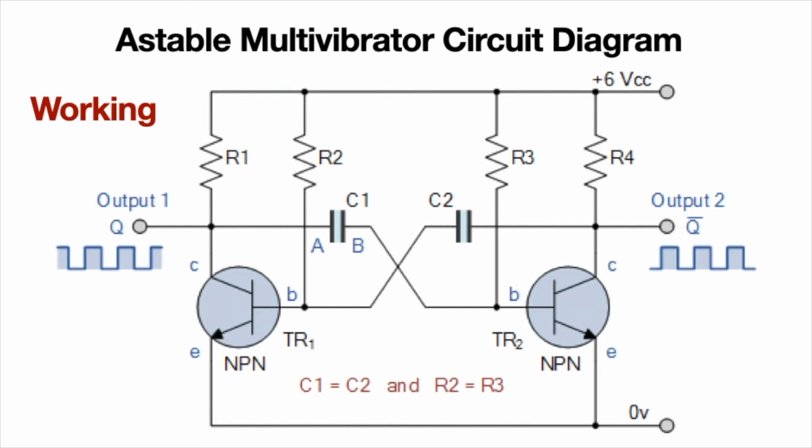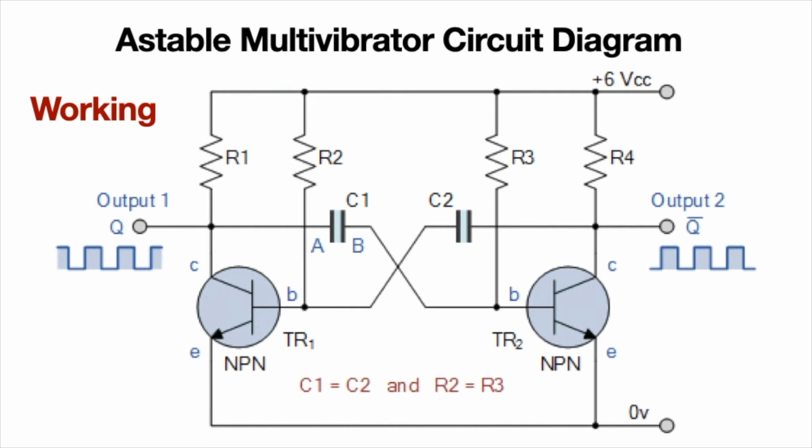So this way any one transistor will remain on and the other transistor will remain off, right? At this stage we see that Q1 is in the on state and Q2 is in the off state.